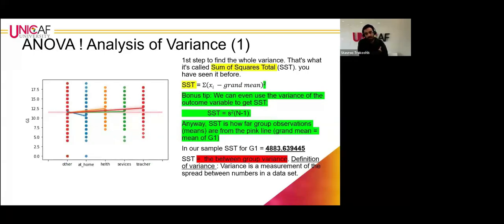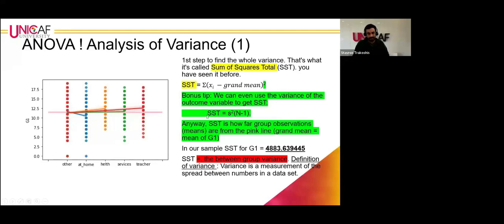That's what it's called, the sum of square total. We have seen it before. From each observation, without taking into account any groups, we subtract the grand mean, so the mean of the dependent variable, we square it, and then we sum it up.